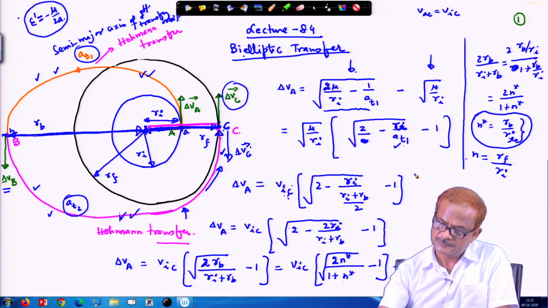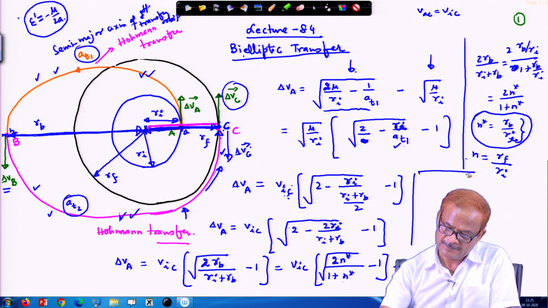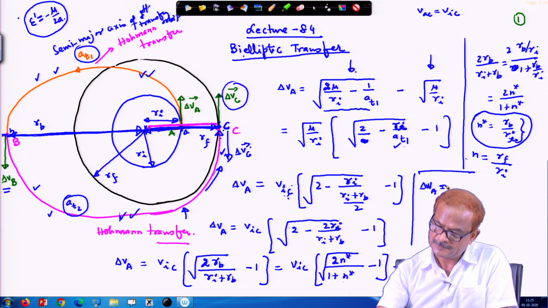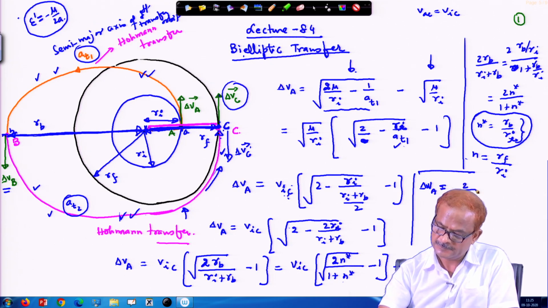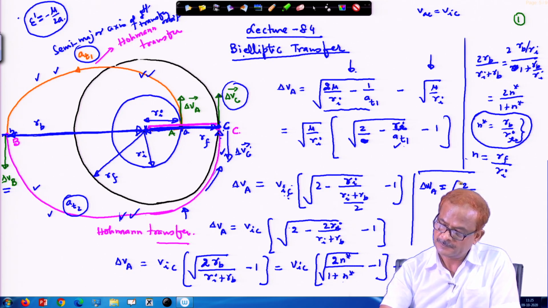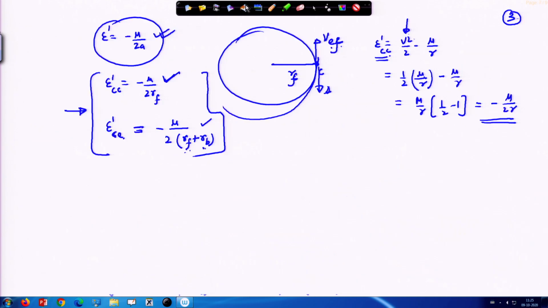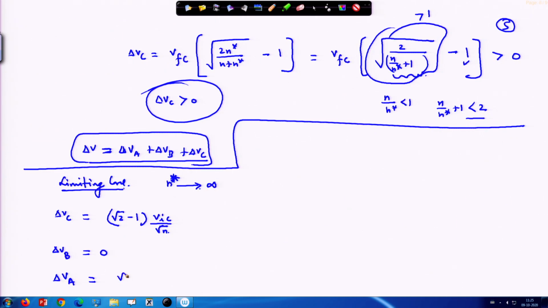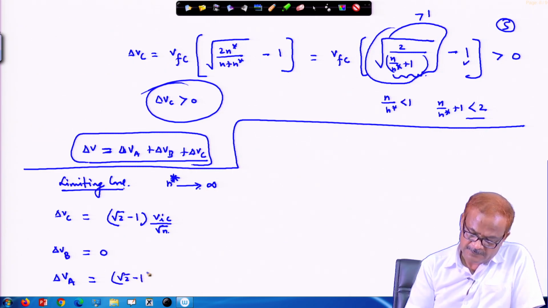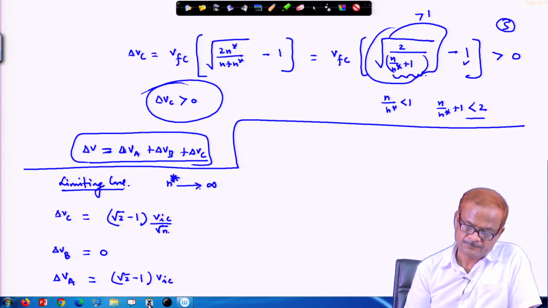If n star tends to infinity, in that case this is delta V A. We put n divided by n star in the numerator and denominator. So, this gets reduced to 2 minus 1 divided by n star plus 1 under root minus 1 times V I C. So, n star tends to infinity, this gets reduced to 2 minus root 2 minus 1. So, this is root 2 minus 1 times V I C.